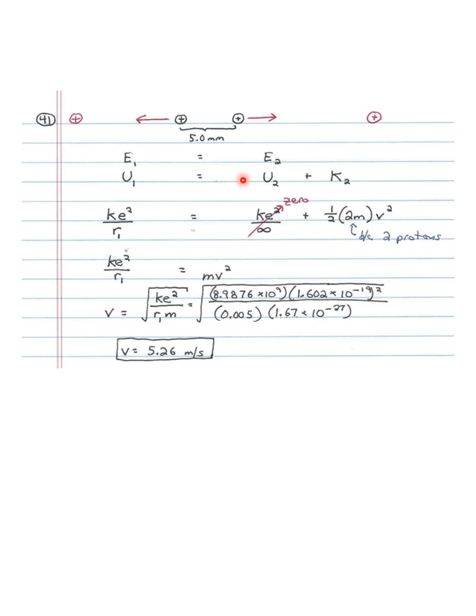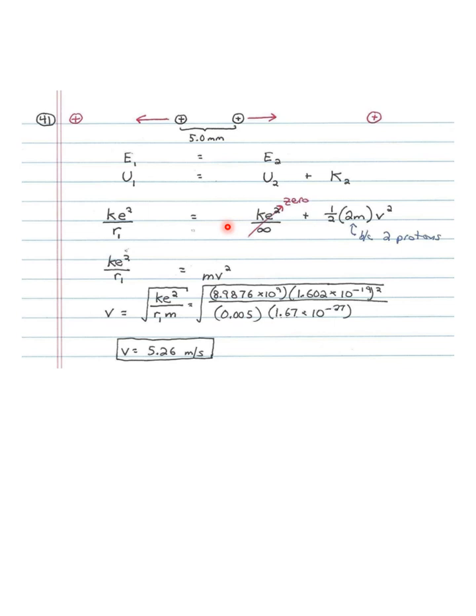Let's plug in all the values. The potential energy at 1 is K times the product of the charges, so e squared divided by R1, and that R1 being 5 millimeters, equals potential energy at 2. Well, if we plug in K times e squared divided by a very large number, and I've just written there infinity, this becomes 0.